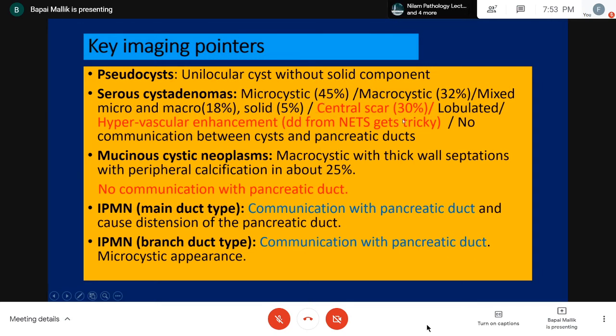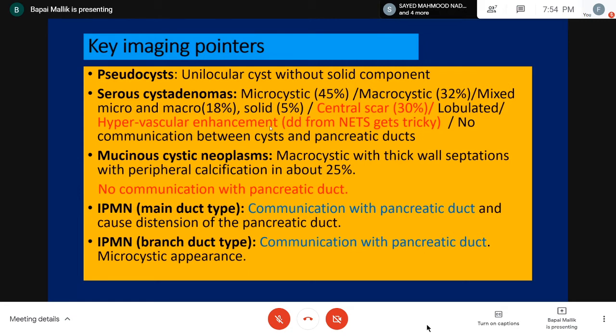The central scar, which is a very well-known finding, is present in only 30% of the cases, so 70% of the cases will not have a central scar. They are lobulated, and they can have hypervascular enhancement, as a result of which they can become difficult to differentiate from neuroendocrine tumors, which can also have hypervascular enhancement. So it may be difficult.